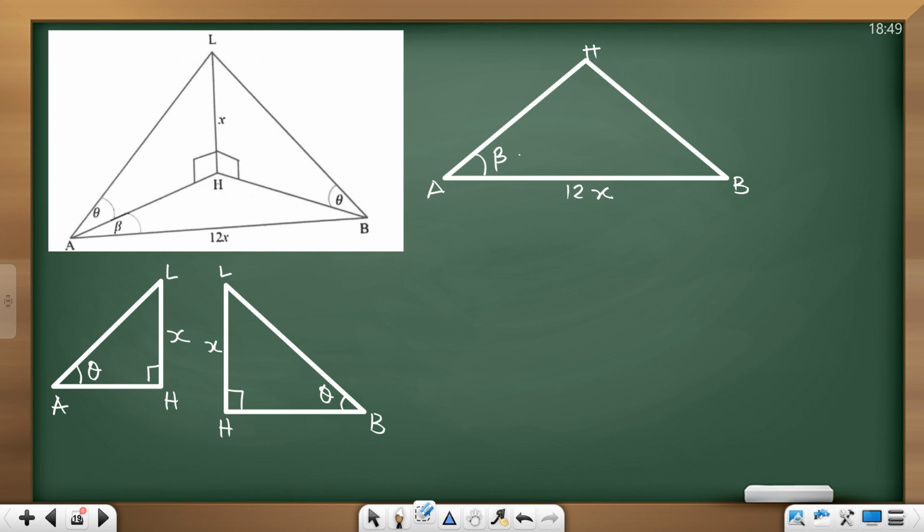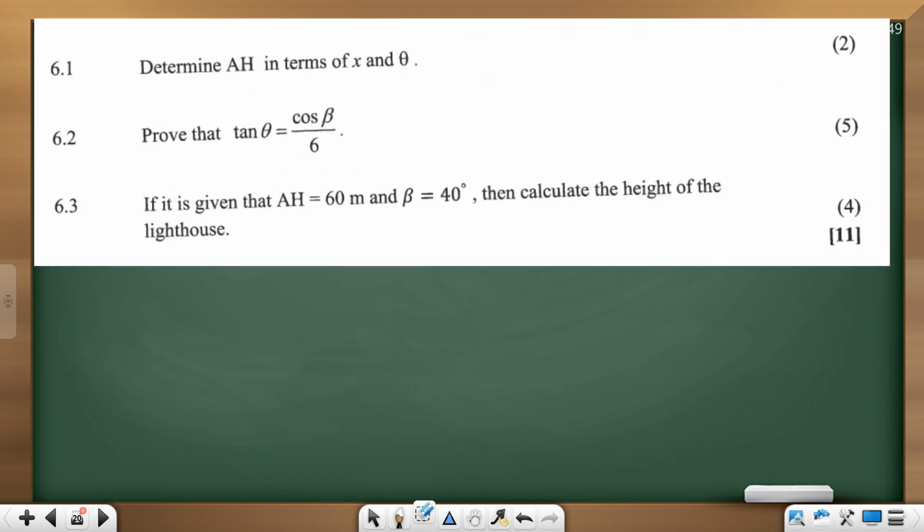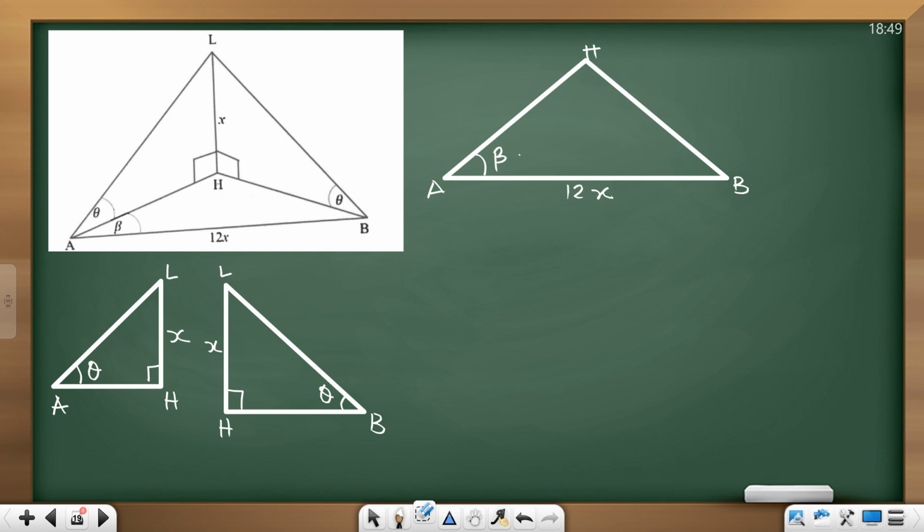Look, if you can do this, I think you are safe. Check the first one. Determine AH in terms of x and theta. Where is AH? Let's label this triangle 1, 2, and 3. Which triangle will you work with? They said x and theta.